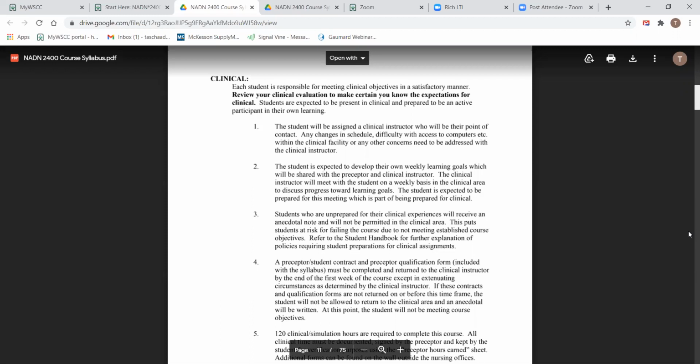Students are encouraged to work 2 consecutive clinical days per week to maximize your learning. You learn so much when you have 2 back-to-back clinical days. No more than 2 days should be scheduled per week, through week 15, except in extenuating circumstances as determined by the clinical instructor.